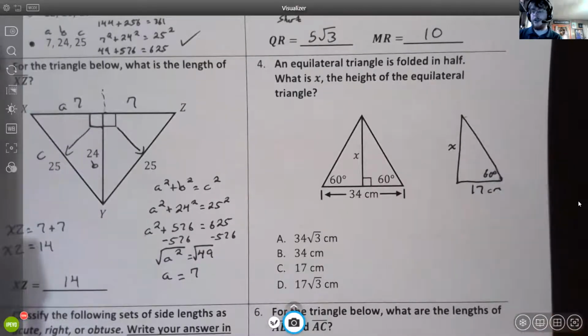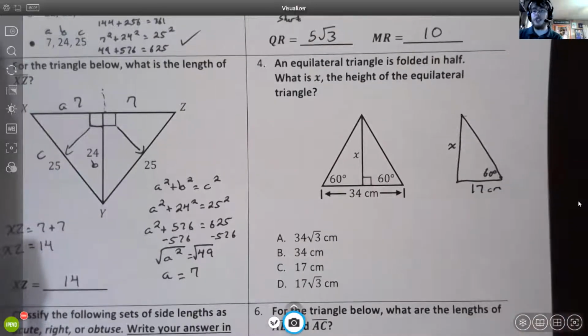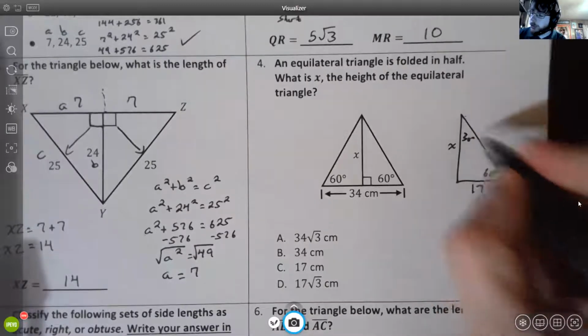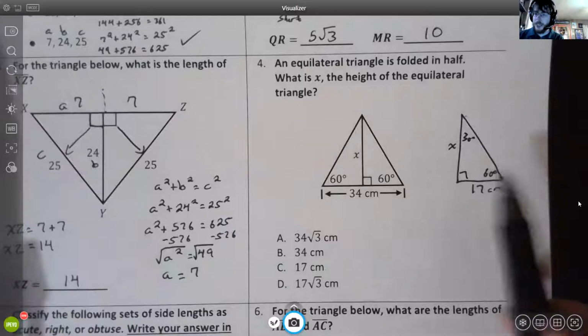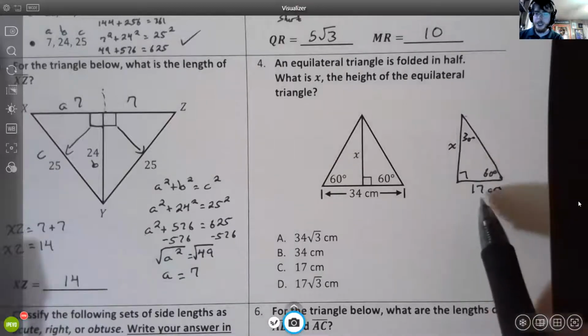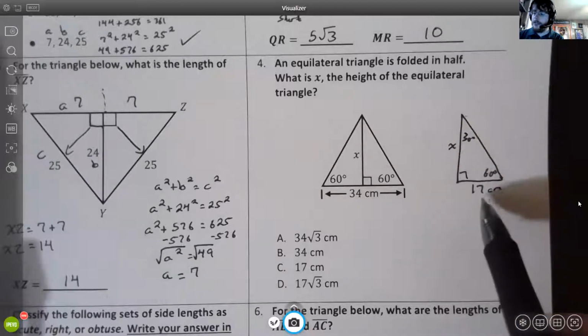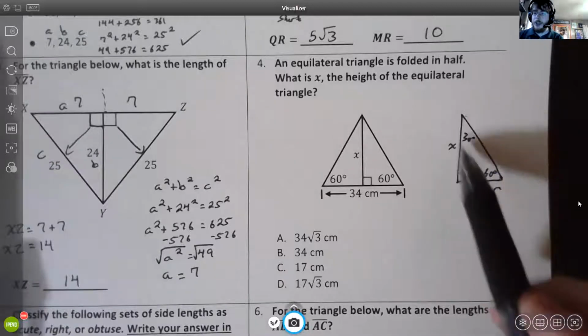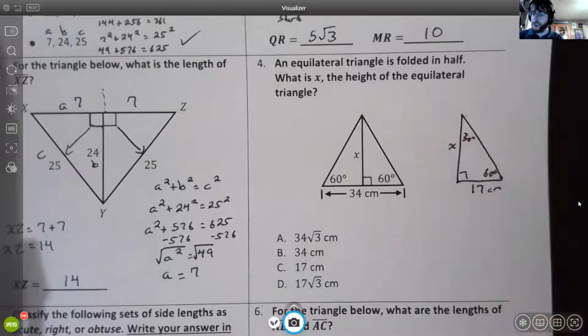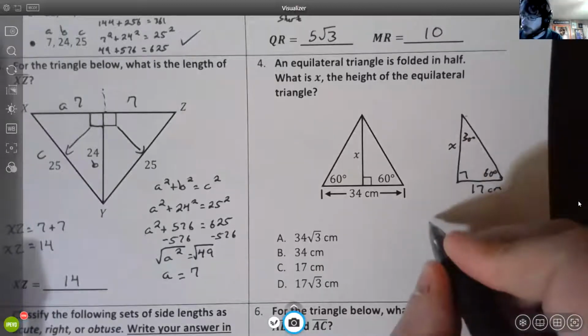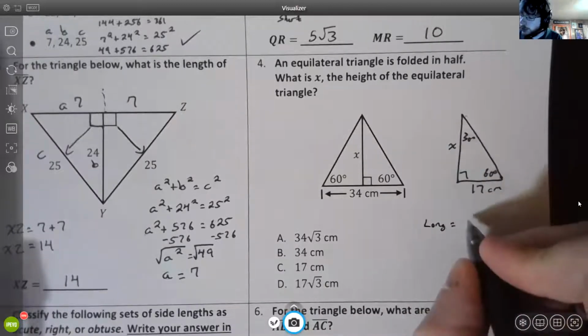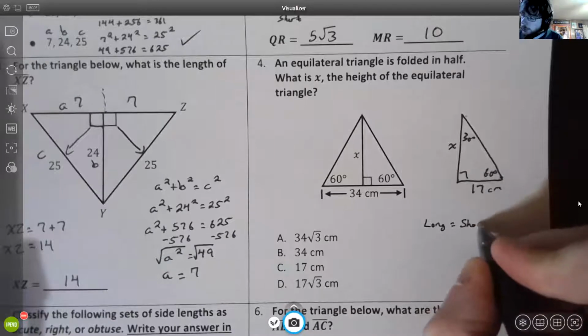We had a 60-degree angle, so we know we have a special right triangle here. In this case, we know we have the short side, which is 17. And if we have 17 here, then we can figure out what the long side is. If you remember, long side equals short times root 3.